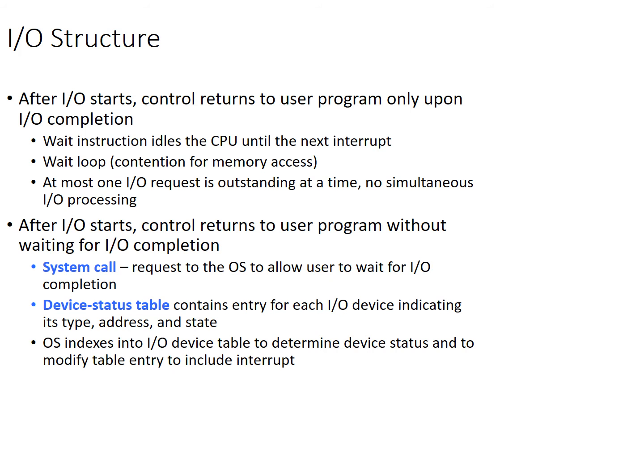Input output structure. After input and output starts, control returns to the user program only upon input and output completion. The wait instruction idles the CPU until the next interrupt, or a wait loop contends for memory access.